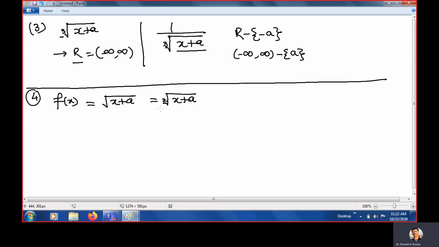So in the previous slide we learned in case of a radical function, if it is an odd number like this one, then the domain is R. But if here is an even number, then whatever is written inside you need to put greater than or equal to 0. So x plus a greater than or equal to 0. And what is that? x is greater than or equal to minus a. And this can be written as minus a comma infinity.